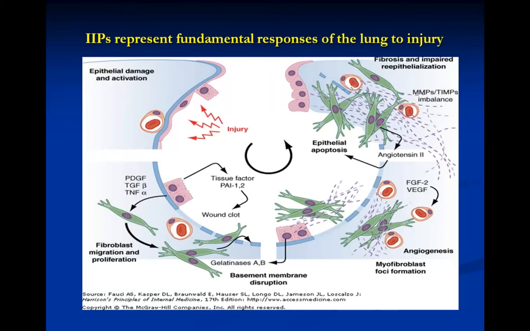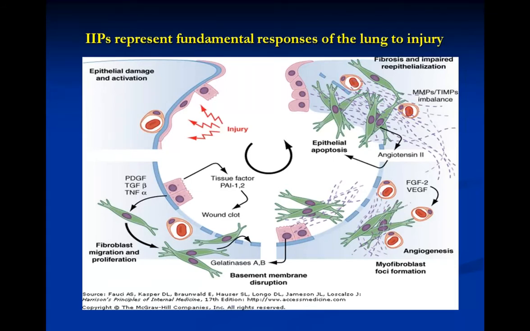Afterwards there will also be angiogenesis and myofibroblast foci formation with the influence of mediators like vascular endothelial growth factor, and with the help of angiotensin II, epithelial apoptosis. There will be an imbalance between matrix metalloproteinases and tissue inhibitors of metalloproteinases. This again causes more fibrosis and impaired reepithelialization, ultimately leading to destruction of the lung architecture and a honeycomb appearance.